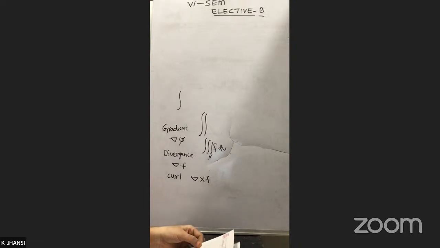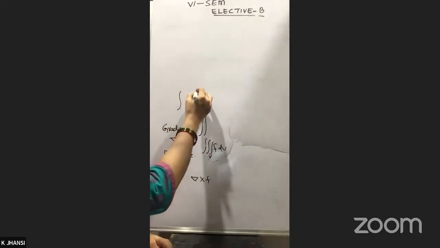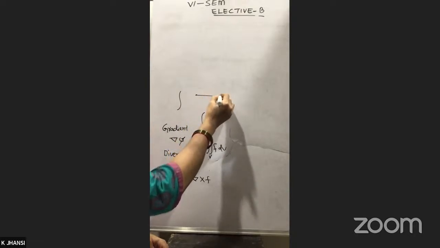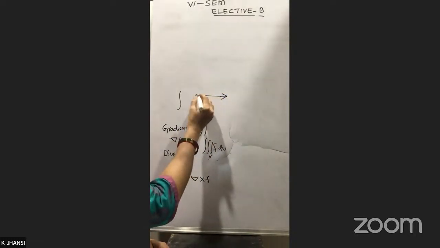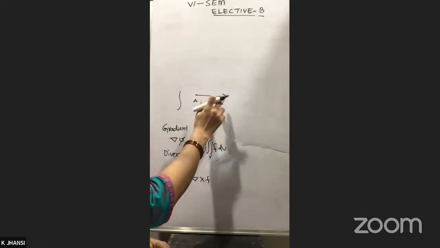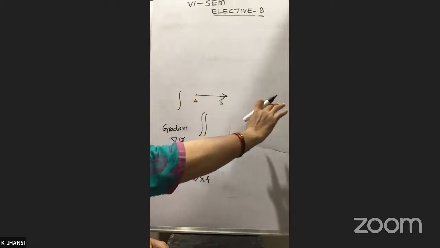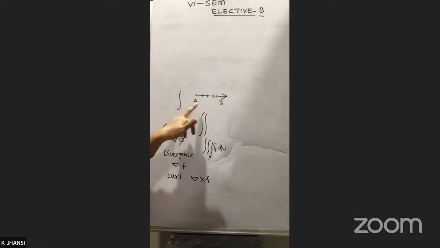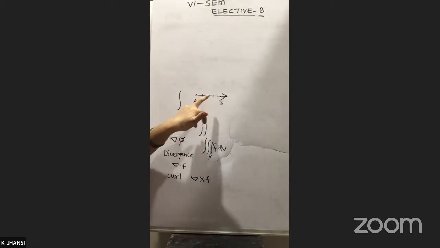Whatever physical quantity has both magnitude and direction, we call it a vector. Direction we know, it means like this. If you see one point here and one point there, this is the direction, and say they are point A and point B. Here it shows some direction, and whatever length it travels from point A to point B, we call that length the magnitude.